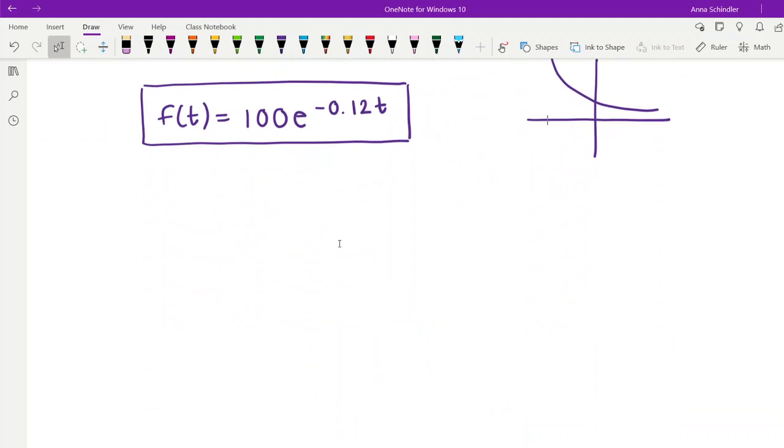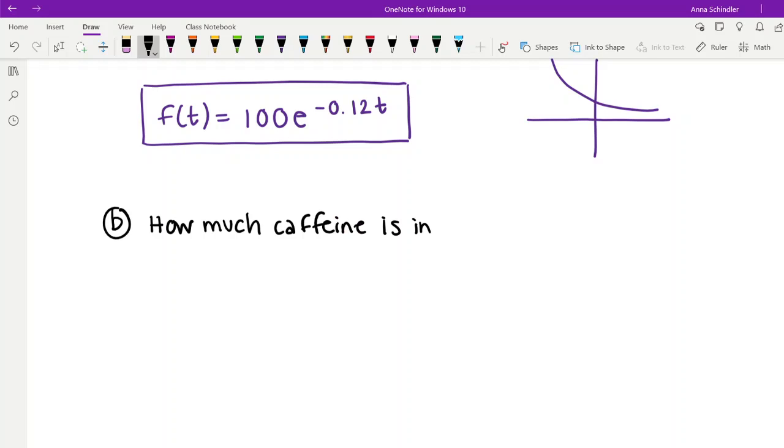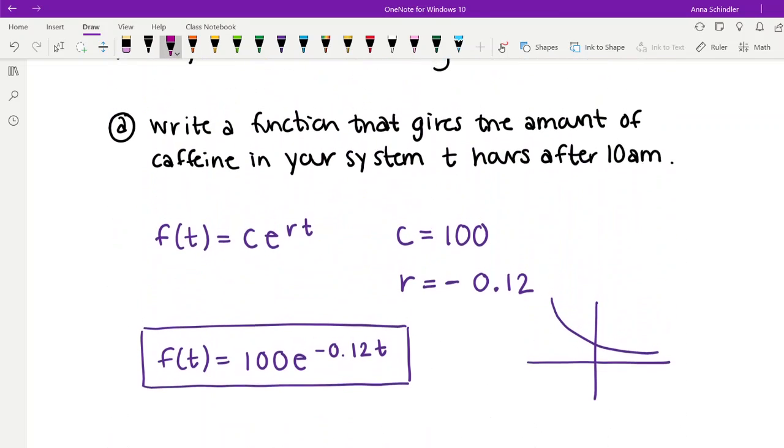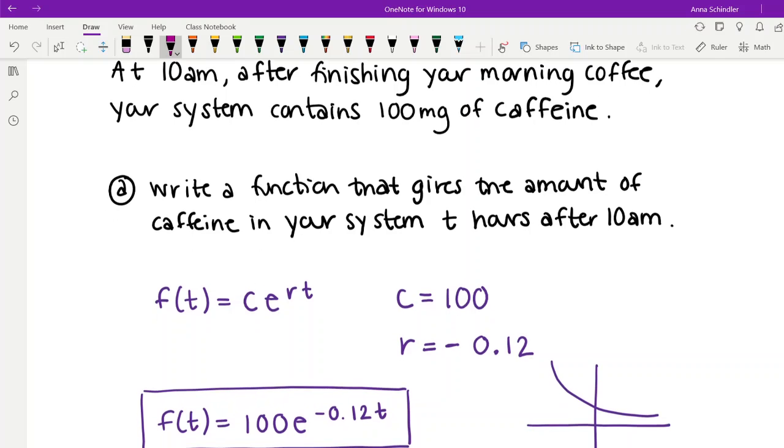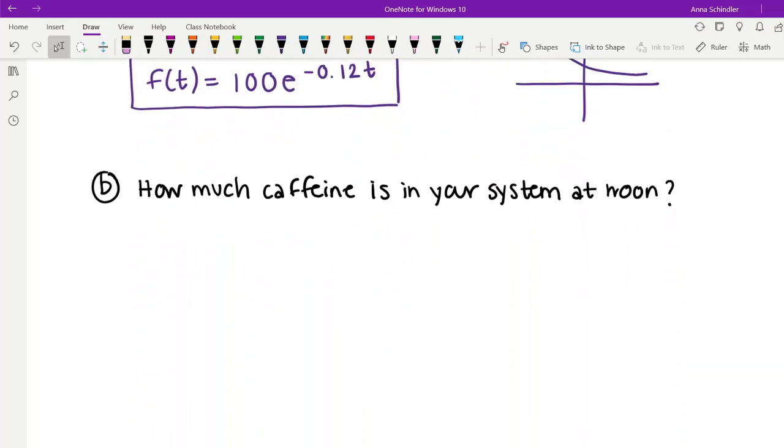Okay, a couple more parts to this. The next question is asking, similar to the other ones, let's figure out how much caffeine is in your system at noon. Okay, so at noon, what is our time? Well, remember that our starting point was 10 a.m. 10 a.m. is when you finish your coffee and you had 100 milligrams of caffeine in your system.